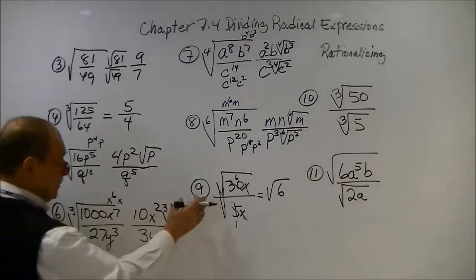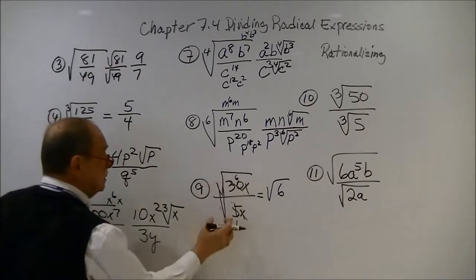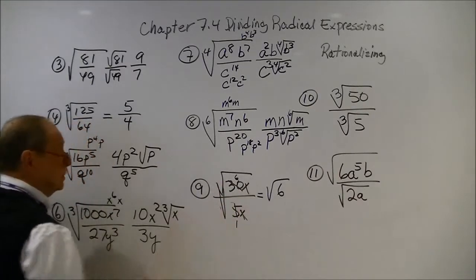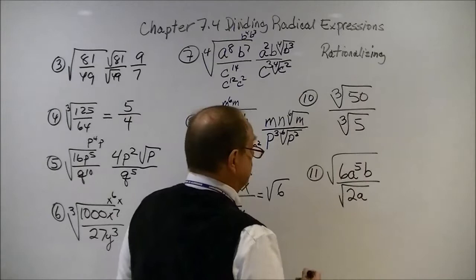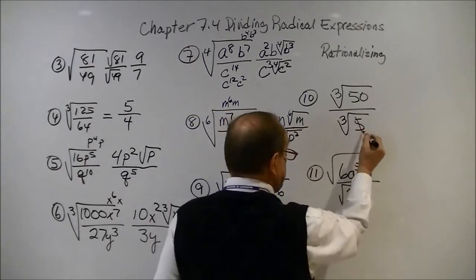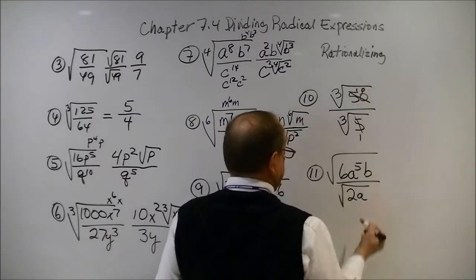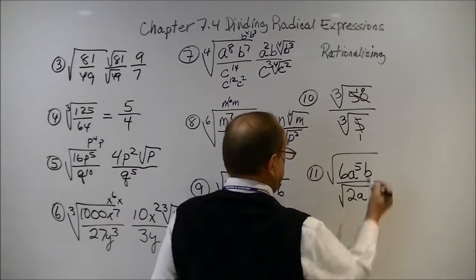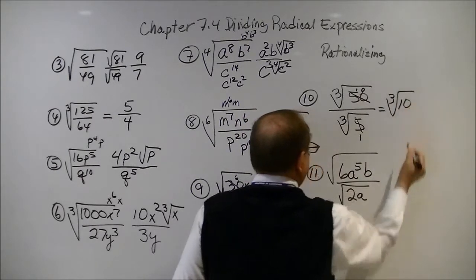Again, instead of listing it separately, we're putting it under a common radical sign, and we're allowed to do the division then, as we see in example 10. So mentally, we could just go 5 goes into there once, 5 goes into there 10 times, and then you're left with the cube root of 10.